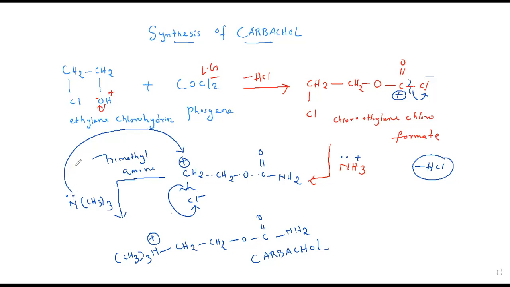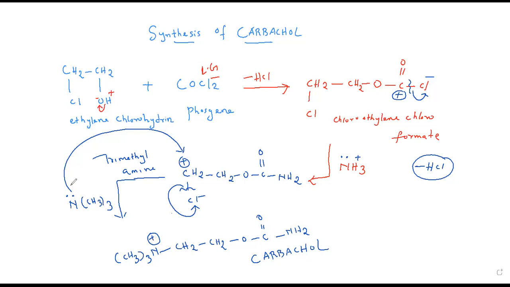So nitrogen will donate the electrons to this carbon. So there will be a new bond. See, this is a new bond formation between the carbon as well as nitrogen. But here, if you observe, nitrogen has been designated with a positive charge. You can understand why nitrogen has a positive charge now. Whenever nitrogen has a positive charge, it is electron deficient. Why is it electron deficient?